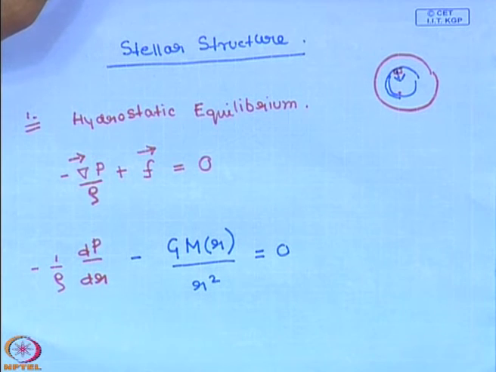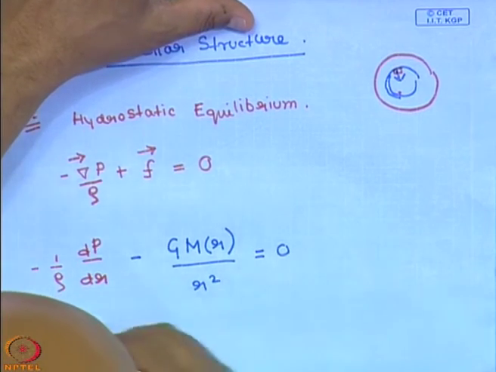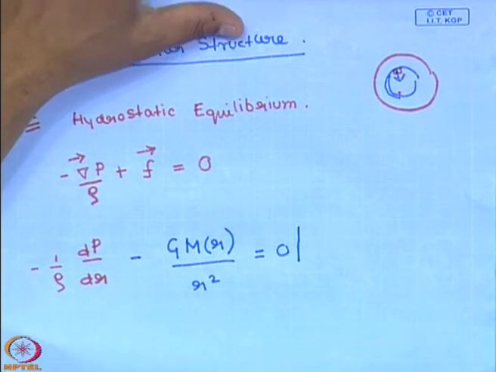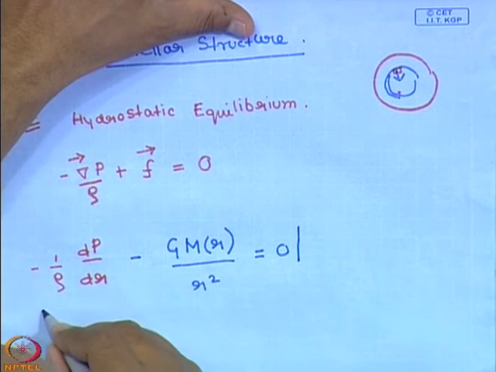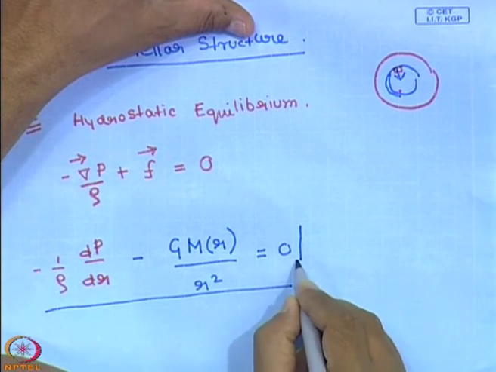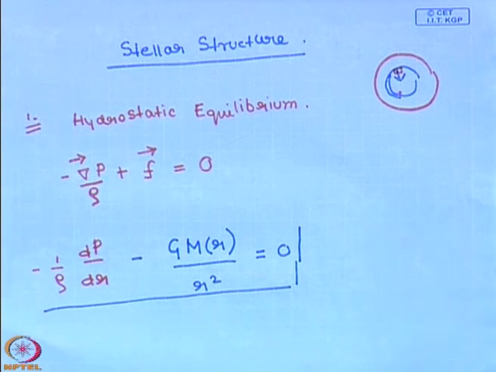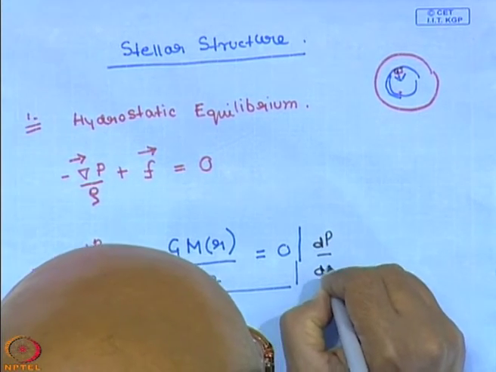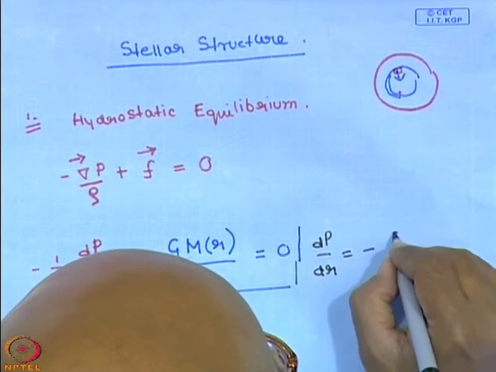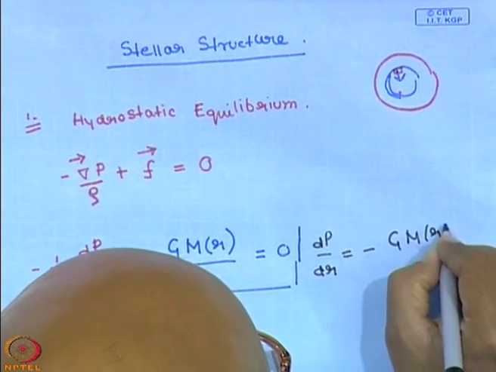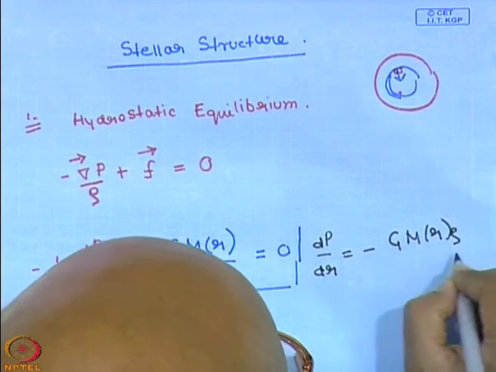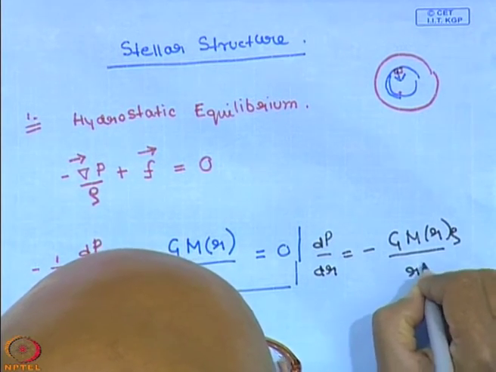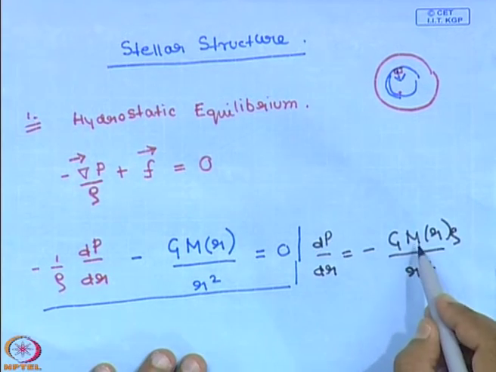So, we finally have the first equation, and I will write it in a slightly different way. The final equation, the equation of hydrostatic equilibrium, is dP by dr equals minus G m(r) rho by r square. Let me tell you that m(r) is the mass within.